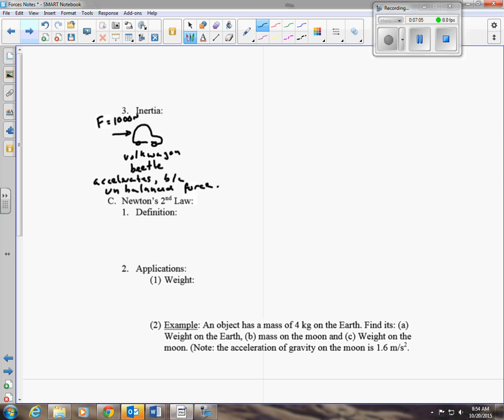Now, instead, let's put a big giant tank truck, and I put the same force on it. This will also accelerate.